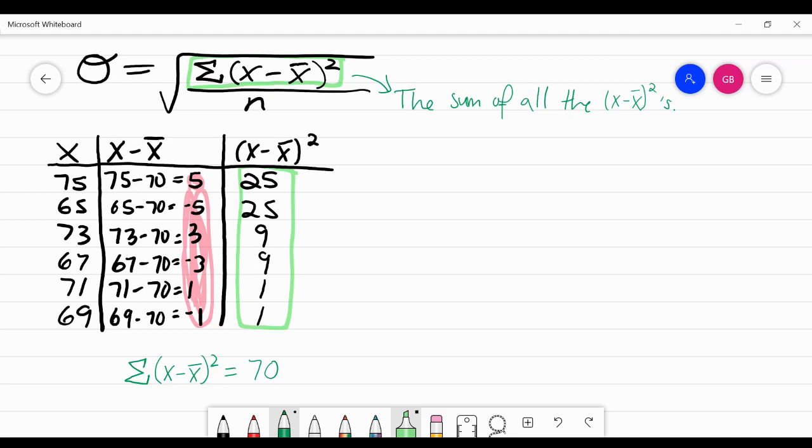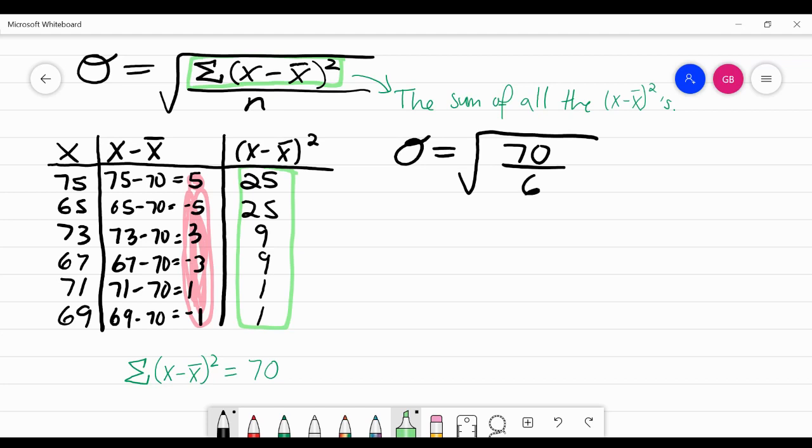Now we could finally actually use the formula. So it's going to be the square root. The sum of all the numbers is 70, and then divided by n. N is how many numbers we have. We have 6 numbers.